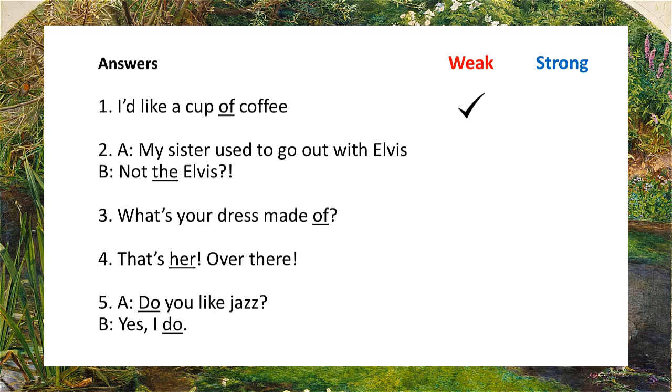I'd like a cup of coffee. My sister used to go out with Elvis. Not the Elvis. What's your dress made of? That's her, over there. Do you like jazz? Yes, I do.